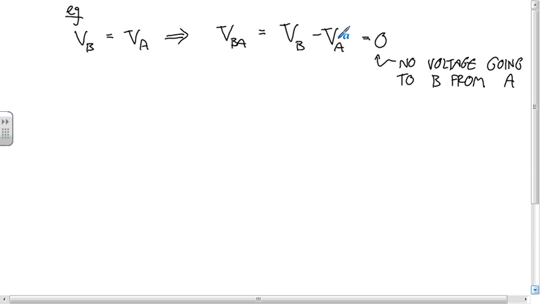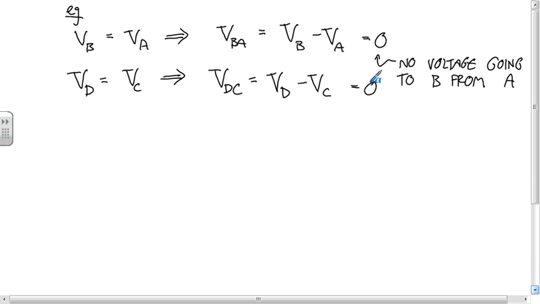That's also equal to 0. And we also saw that VD is equal to VC. So VDC is equal to VD minus VC, and that's also equal to 0. Okay?